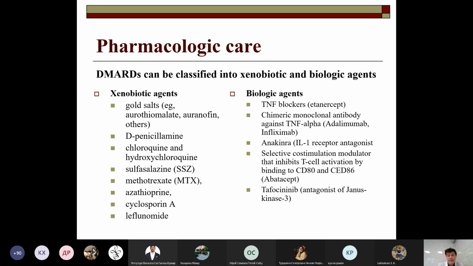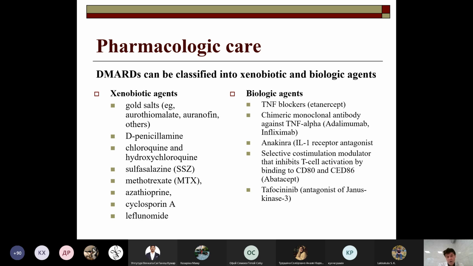Other drugs incorporated as biological agents in this group are anakinra, a blocker of interleukin-1, Actemra, a chimeric antibody against interleukin-6, tofacitinib, the antagonist of Janus kinase 3, and abatacept, the selective co-stimulation modulator that inhibits T cell activation.